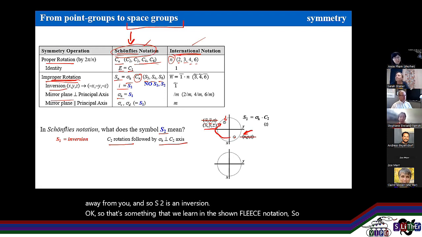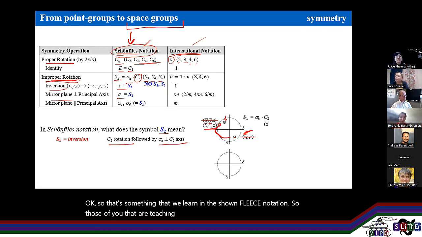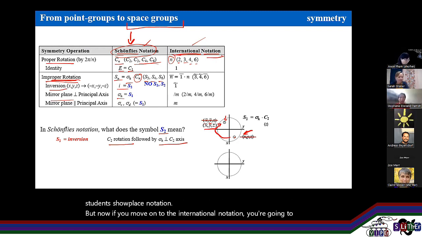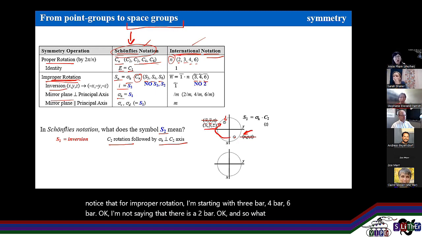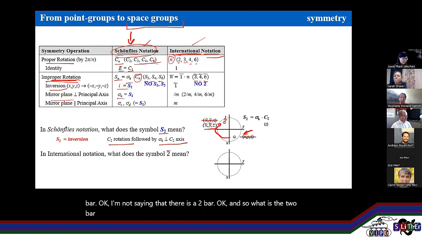Those of you that are teaching inorganic chemistry are teaching the students Schoenflies notation. But if you move on to the international notation, you're going to notice that for improper rotation, I'm starting with 3 bar, 4 bar, 6 bar. I'm not saying that there is a 2 bar. So what is the 2 bar in international notation? In international notation, the 2 bar is a twofold followed by an inversion.